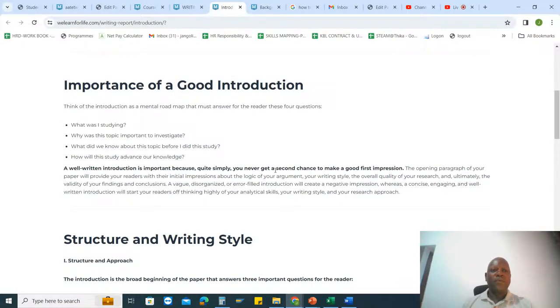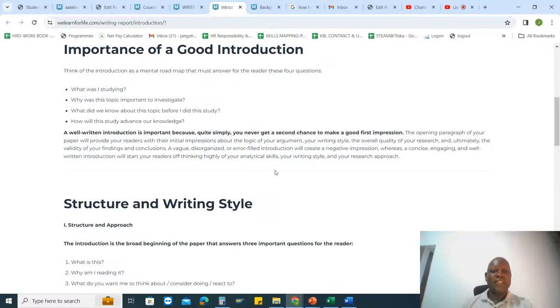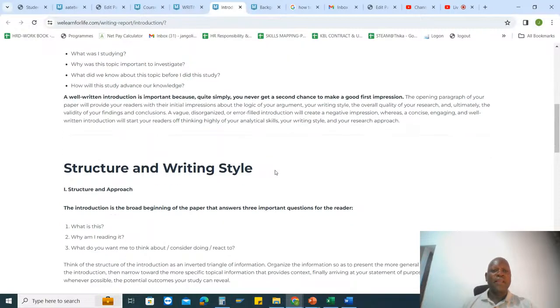So we have the importance of a good introduction here. Why am I investigating what I'm investigating? What did we know about the topic before I did the study? So it gives us those tips. If I'm interviewing people who are malnourished, people who are struck by hunger, how did they reach here?